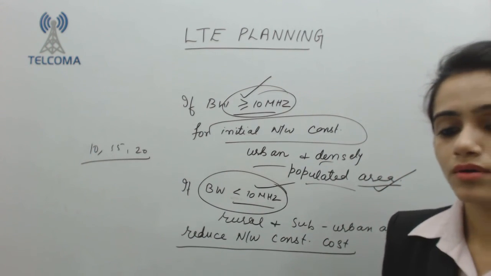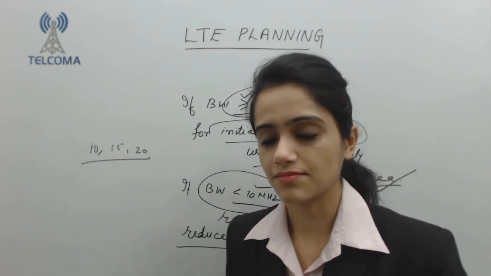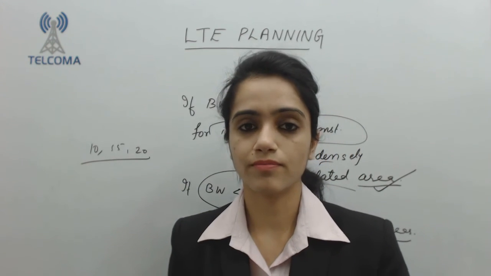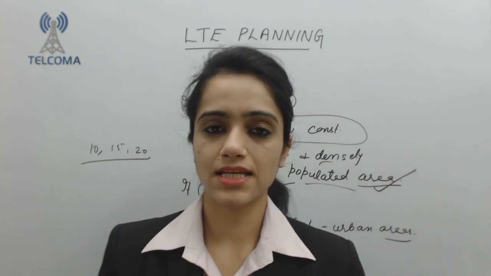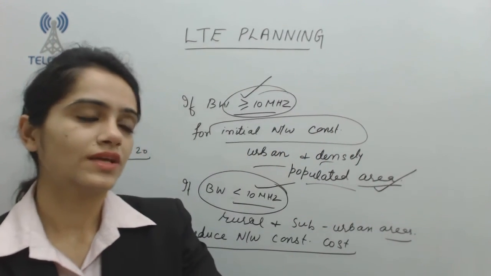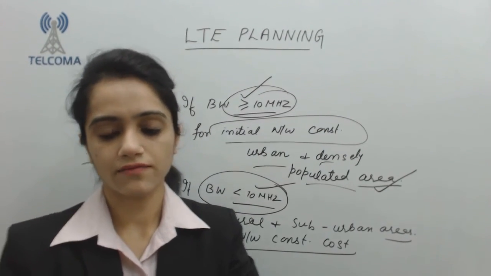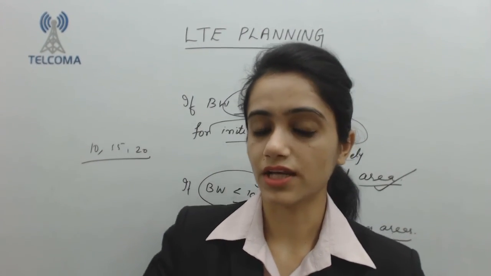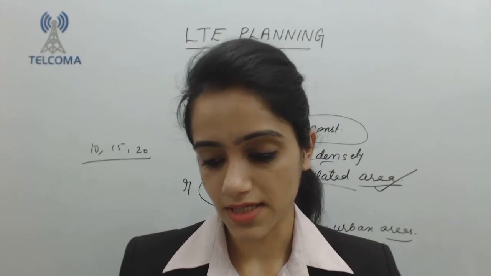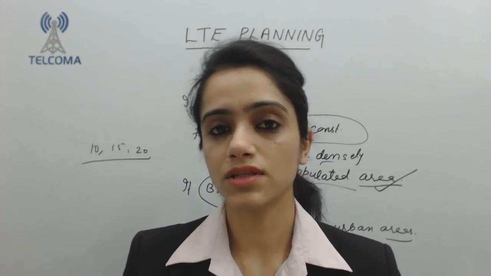This is the very first type of planning of frequency in different areas. In intra-frequency networking, everything is good, handover is good, so we can deploy. But the problem is that there is large interference on the cell edge user.